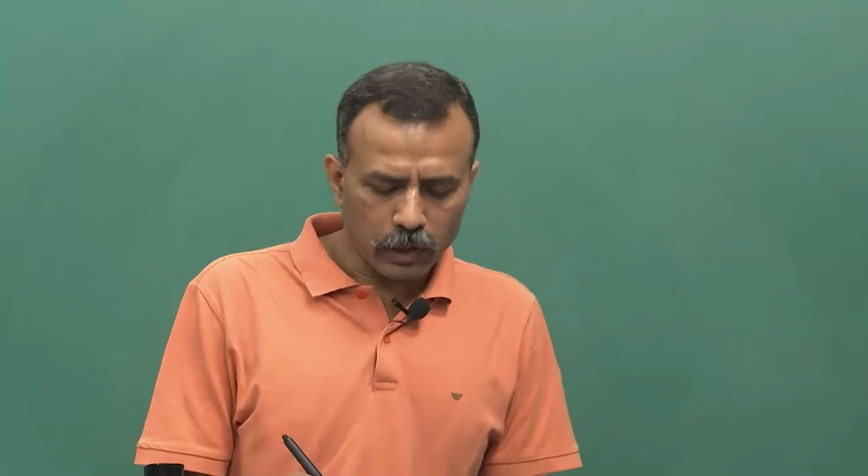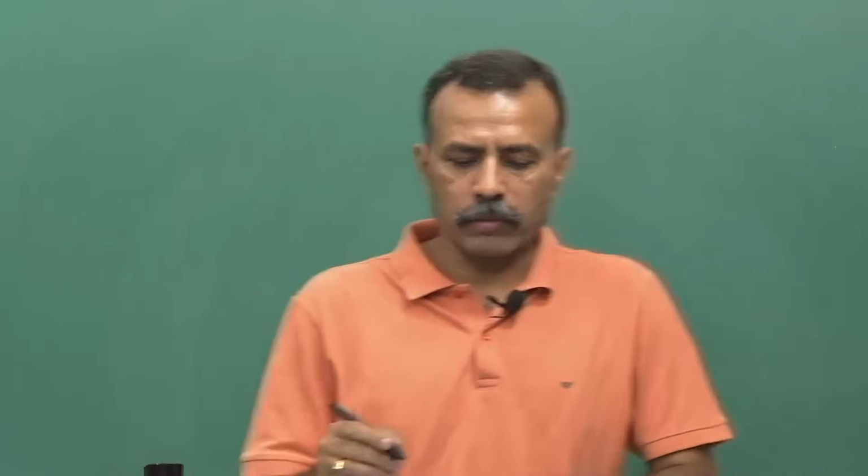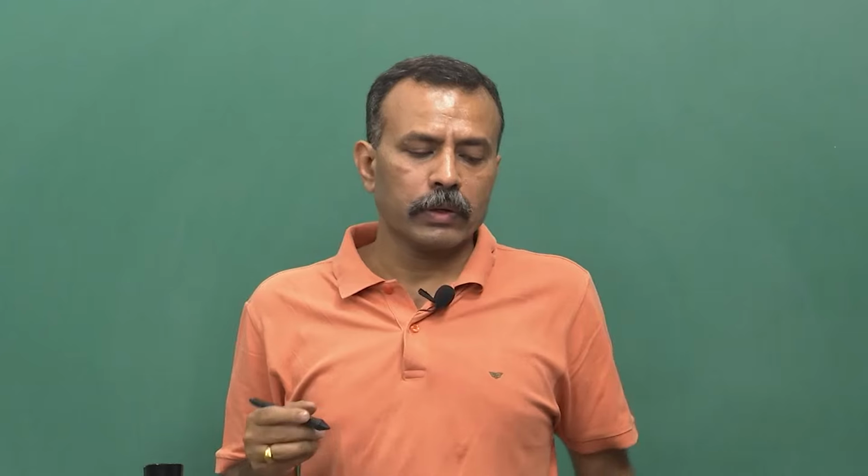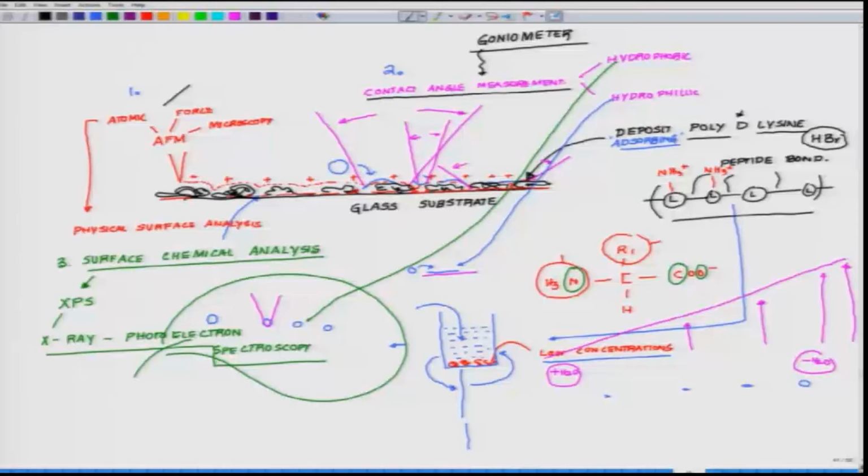Apart from it, when we talked about the analysis, we talked about contact angle measurements. This could be done with the instrument called a goniometer. And of course, atomic force microscopy, you needed an AFM setup to do the surface analysis. So now if you summarize, you have a physical surface analysis in the form of AFM.